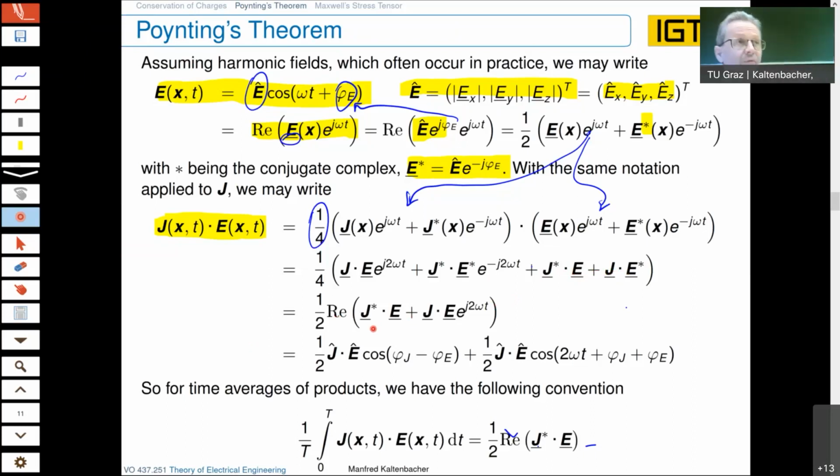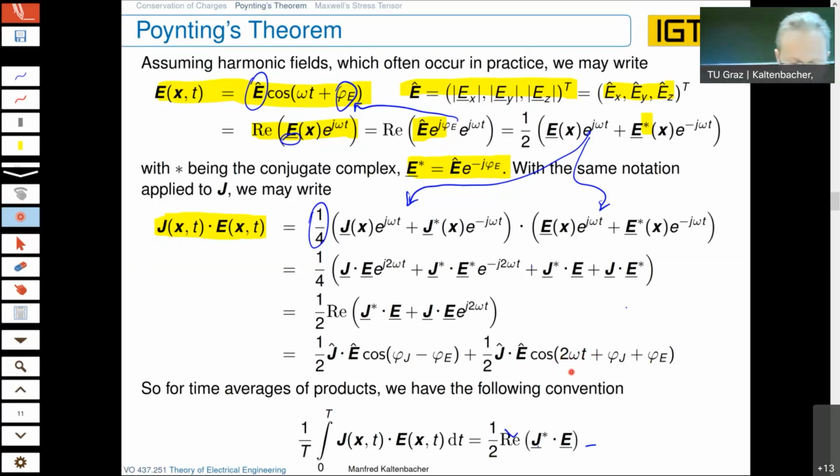Okay, so if we take the real part, since the complex conjugate makes the exponent of the exponential function negative, we then have the difference between the phases. Omega t cancels out because we have once plus omega t and once minus omega t, and here it adds up: we have 2 times omega t.